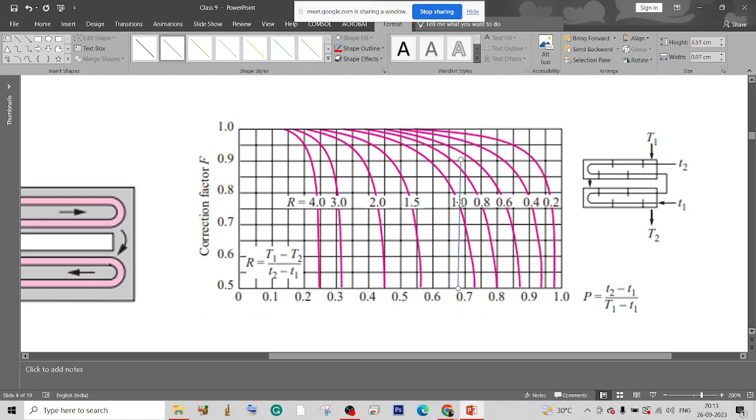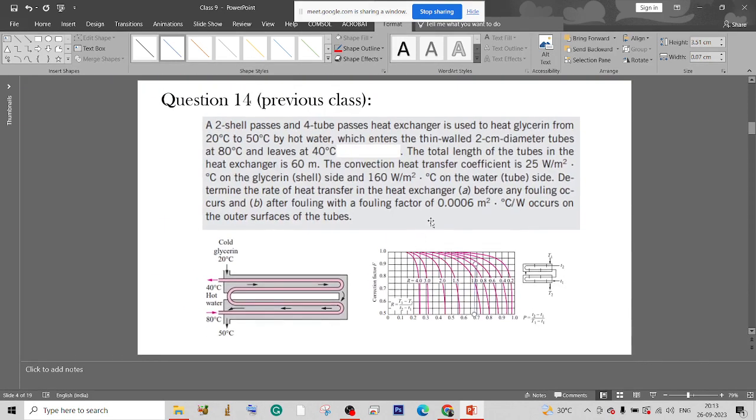So in case of no fouling, the overall heat transfer coefficient is equal to 1 upon 1/Hi plus 1/Ho, that is the heat transfer coefficients of the hot and cold fluid sides. So this will be 1 upon 1/25 plus 1/160.